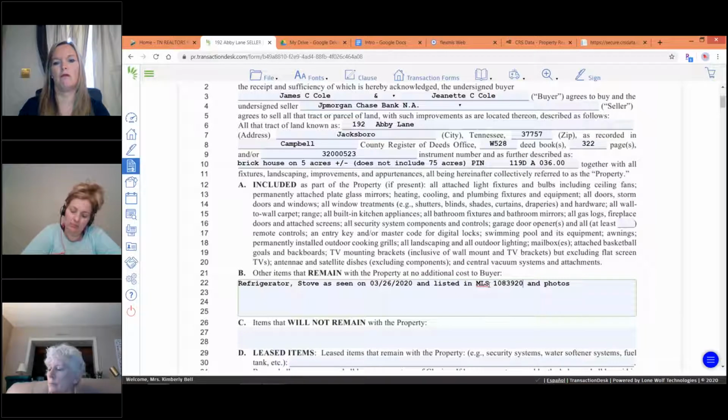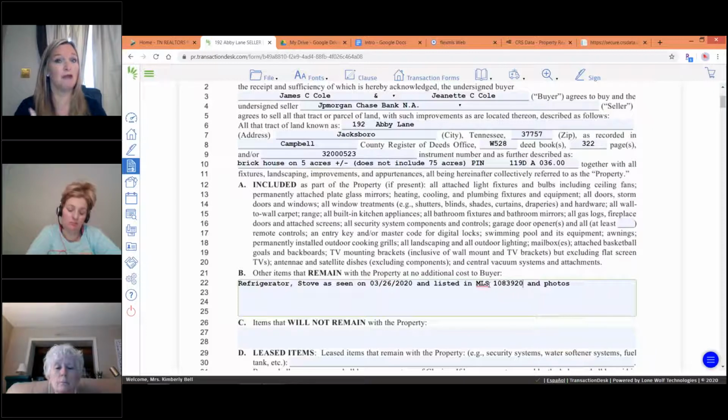And in MLS number and photos. That's pretty good coverage, right? Yeah, because now it's in photos and we have it listed on the MLS.